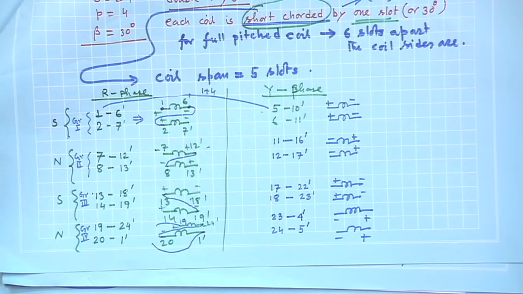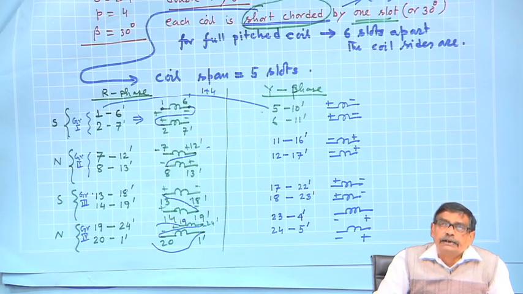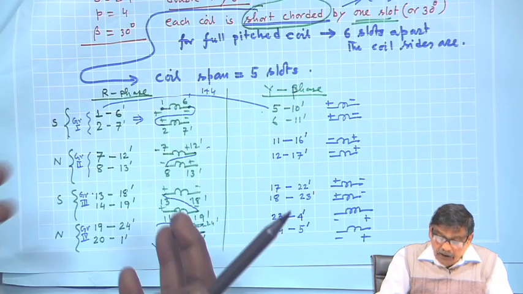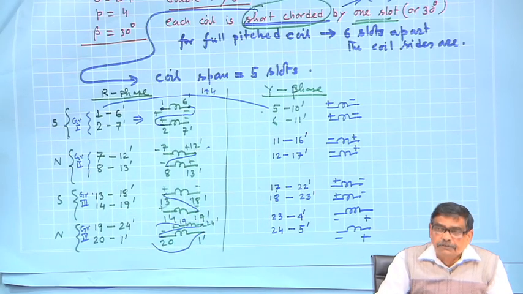But in that case you have to be only careful about the polarities. So, generally for high voltage machines, the coils will be connected in series, so that it gives you appropriate voltage. Of course, no one stops you if you connect the coils in parallel and then specify the voltage.